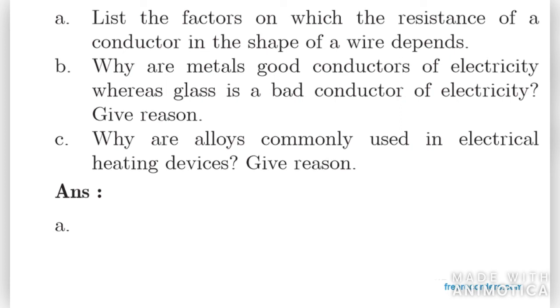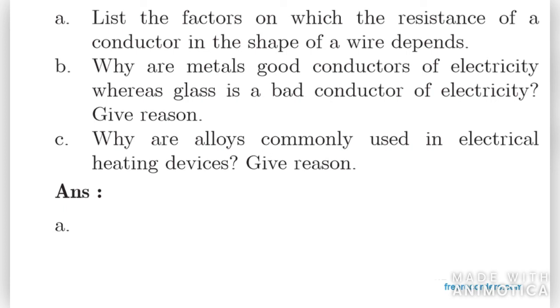As you know, metals have a large number of free electrons and they have low resistivity, therefore they are good conductors, whereas glass is a bad conductor because it has no free electrons and its resistivity is higher. So this is the reason why metals are used in the conduction of electricity and not glass.